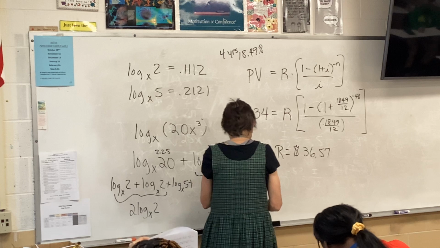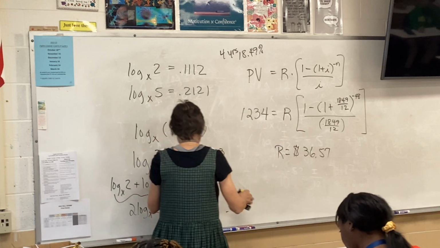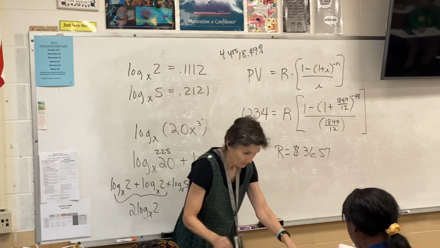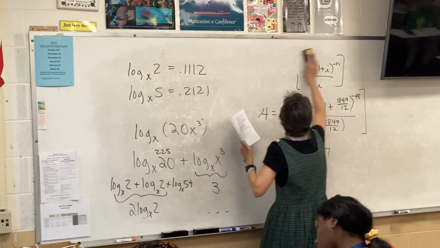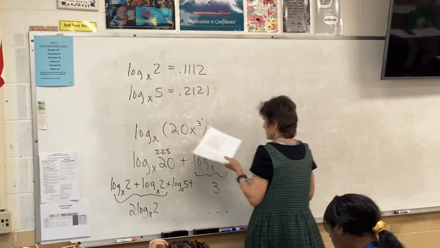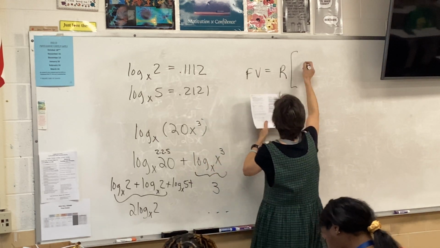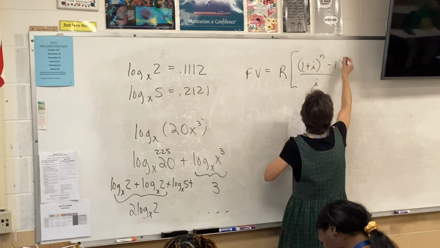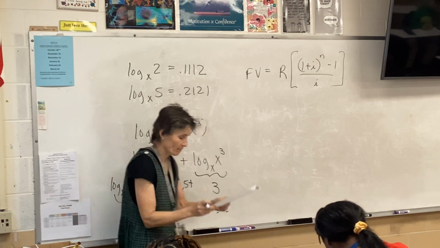Okay. All right, your goal is to have $1 million. Wait a minute, what formula is this going to be? This is going to be FD, so I need FD up here. All right, so FD is this. Okay, that's the formula I need for homework problem number 4.